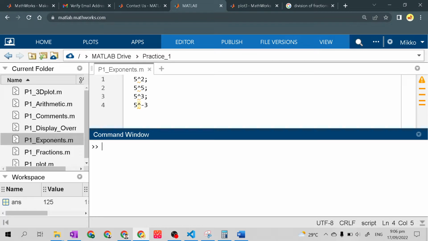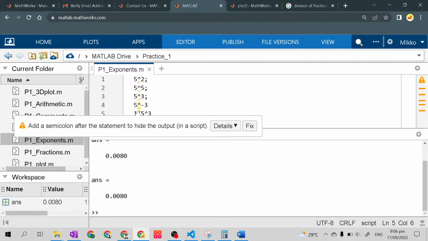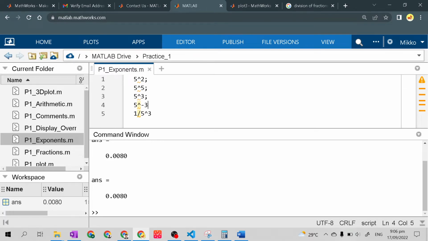Then we will bring also the exponent, but it will be positive. It will become 1/5 raised to 3. So 5 raised to negative 3 is the same as 1/5 raised to 3. Let's see if they are the same. Okay, they are the same.